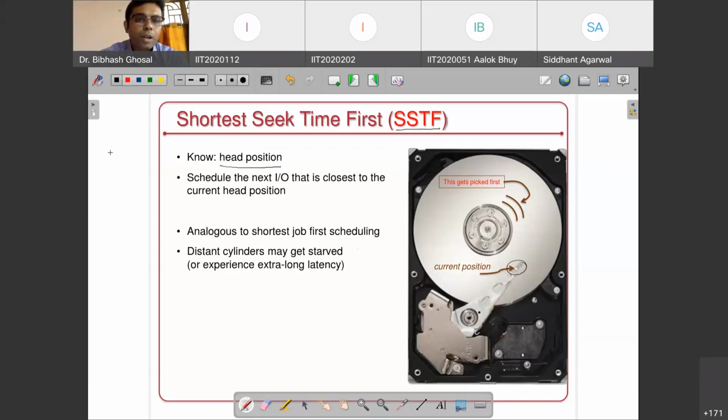Suppose that to access a file, you have to access, let's say, block numbers 16, 20, 35, 15, 2, 8, 80, 88, 100, 12, and 22. These blocks have to be accessed.